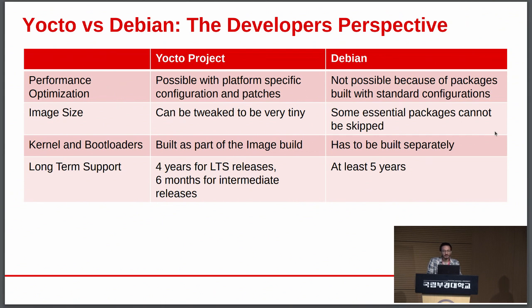For example, to optimize Mesa better on your platform, you might have some custom patches. You can just apply those in the recipe files, and when it builds Mesa, it will apply all those patches and build it. So you will have a fine-tuned, optimized version of Mesa on your image for your platform.